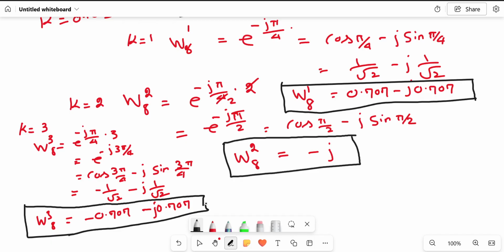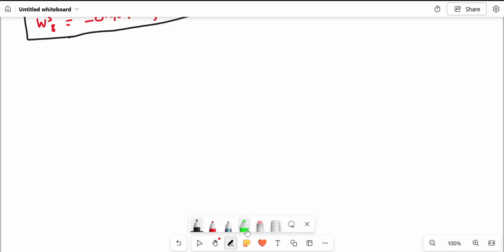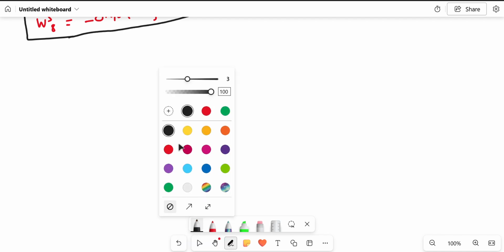Okay. Now with this we will draw the 8-point butterfly structure. We'll take this color, light gray.